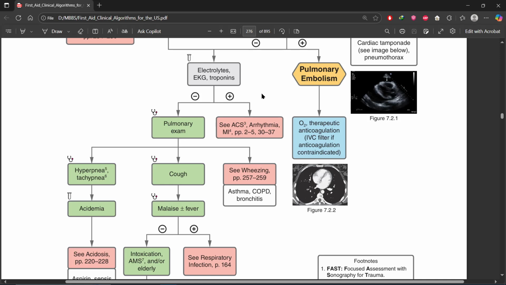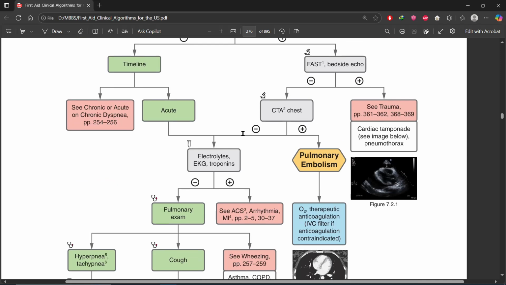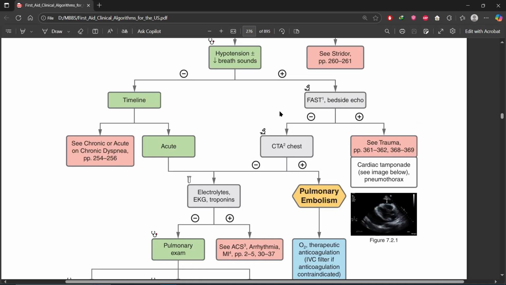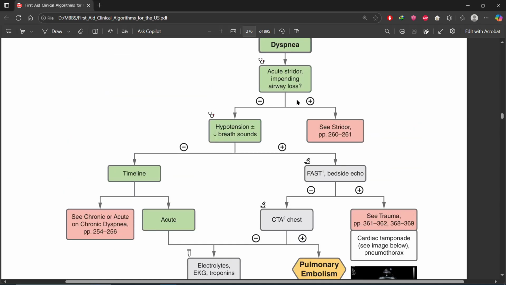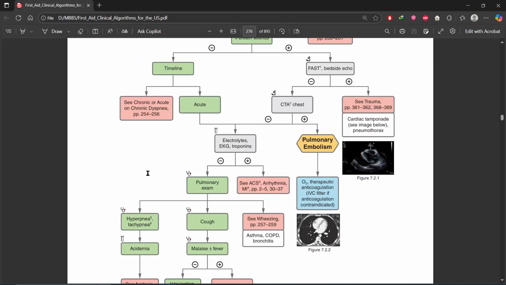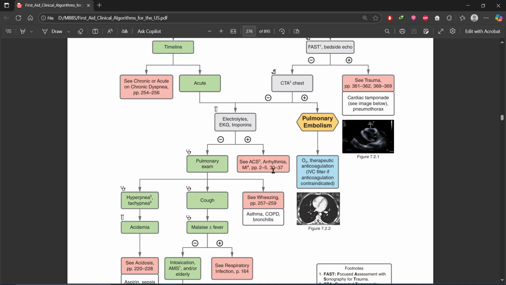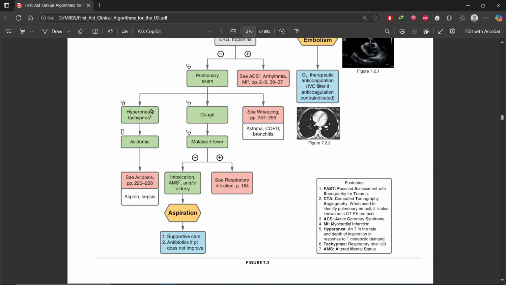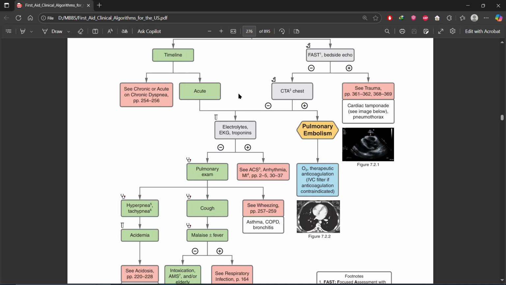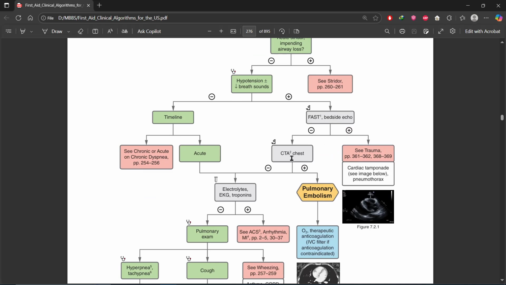It would be a bit easier for you to memorize it once you understand the reason why we do each step, which I'm going to explain now. So you can either memorize it like this as it is, or I could explain the rationale for doing each step. So that would be a bit easier.